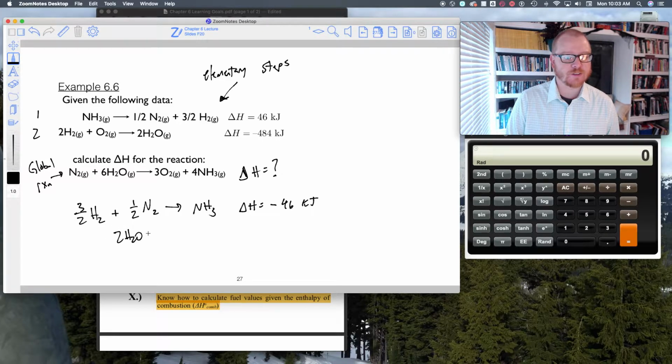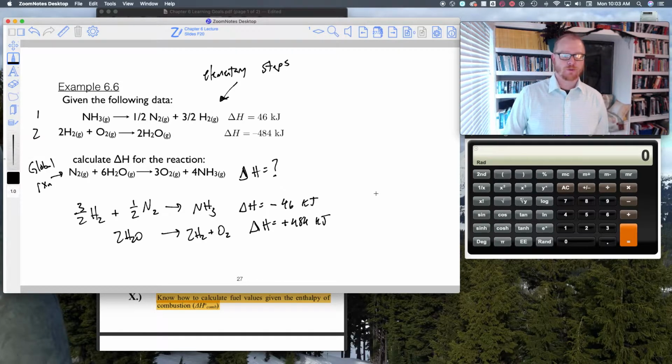Okay, so I'm going to write that as 2H2O goes to 2H2 gas plus O2 gas. And of course, because I flipped it, I also changed the sign again. So positive 484 kilojoules. Okay, so now this is the first step that I like to do. I like to get everything kind of arranged in the right order.